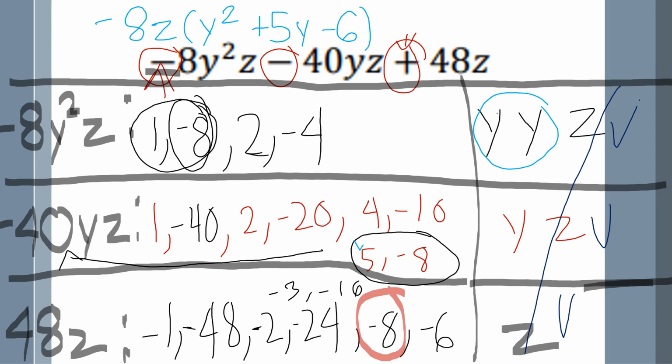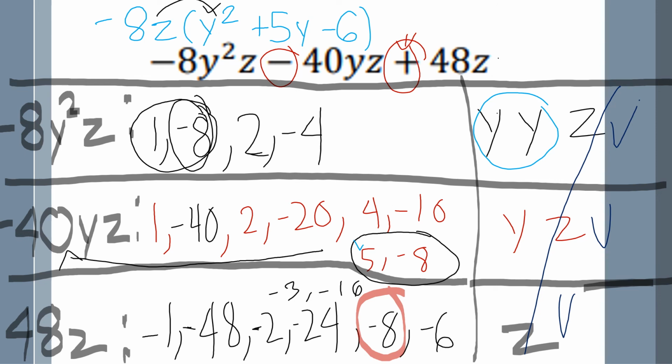And if you want to check your work, use the distributive property if you want to. We could do that right quick. So -8z times y squared, you get -8y squared z.